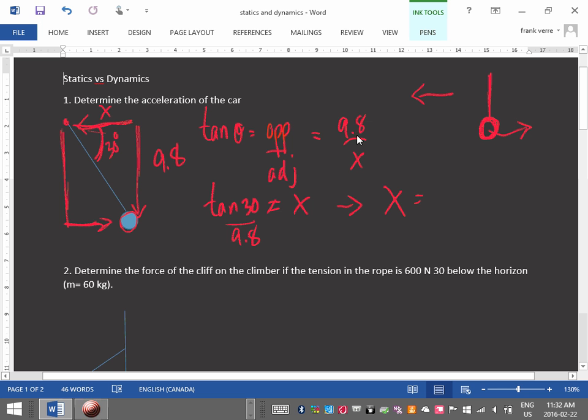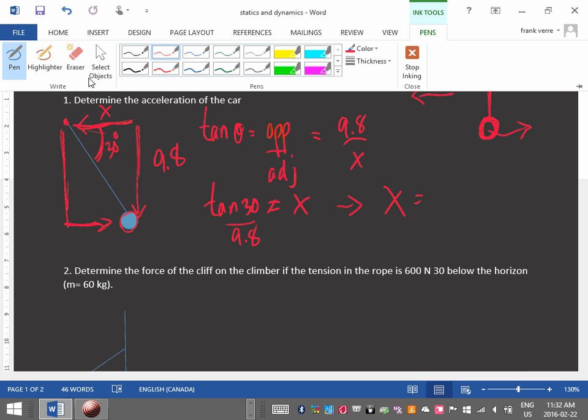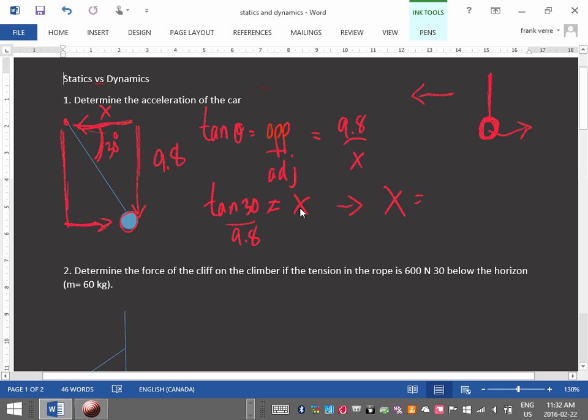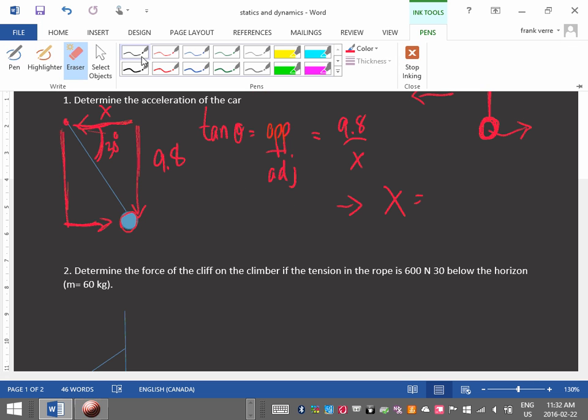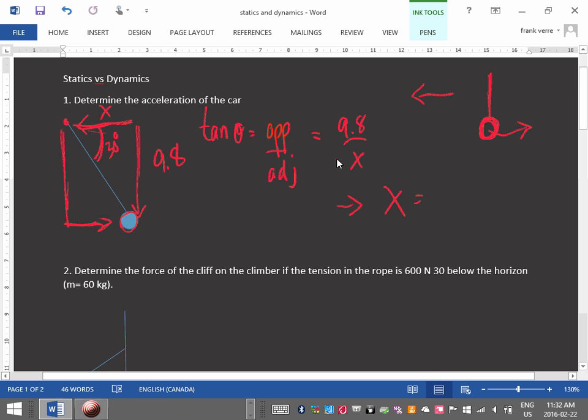So tan theta is 9.8 over x. So if I, whoops. Yeah, sorry. I apologize. You're absolutely right. So we flip these two. This x is equal to 9.8 over tan 30. Sorry. Yep. Okay.